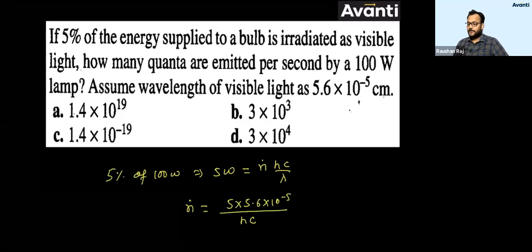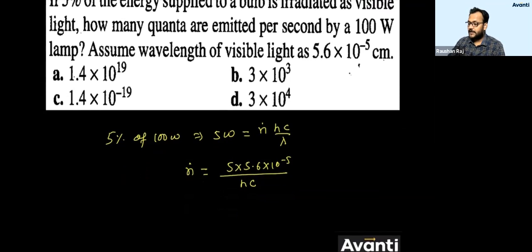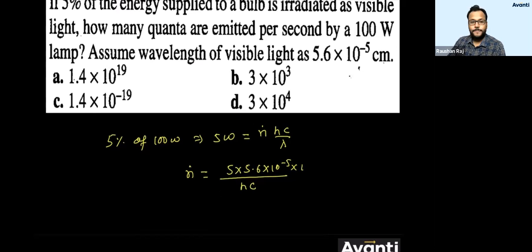Okay, divided by hc. If you want to simplify it, you can convert this into angstrom, and then you can actually replace this with 12431. Tell me guys, 10 to the power what should be multiplication here?